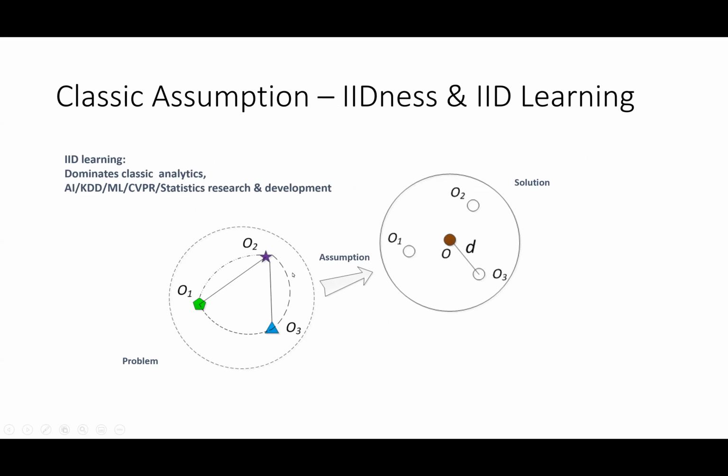Further, I can abstract this assumption. Given a learning or analytical problem, we have multiple data objects, data sources, modalities, or domains, represented by O1 to O3, referring to different sources or entities.